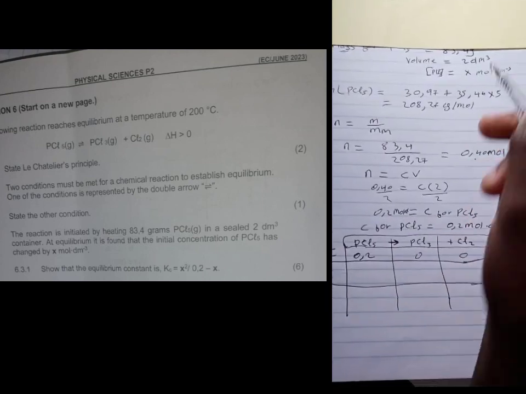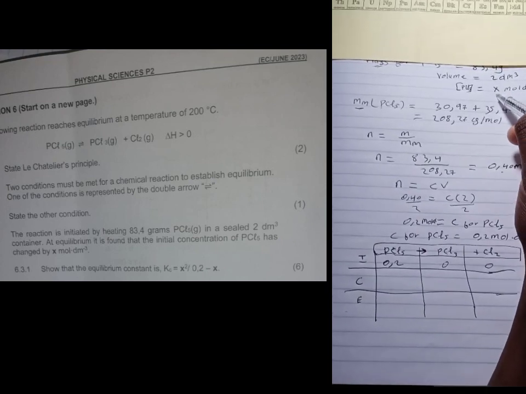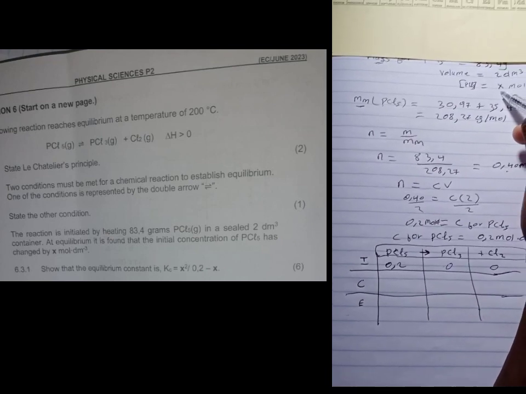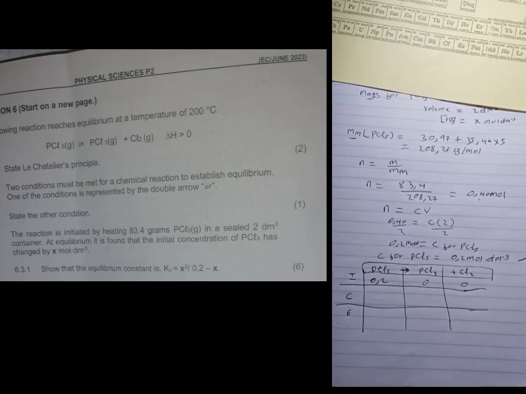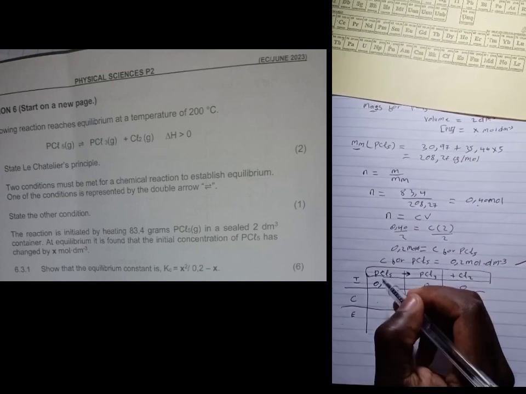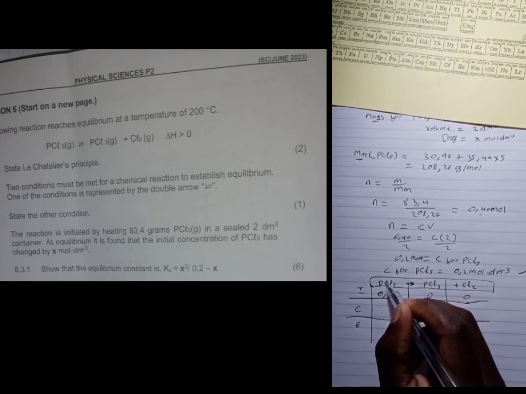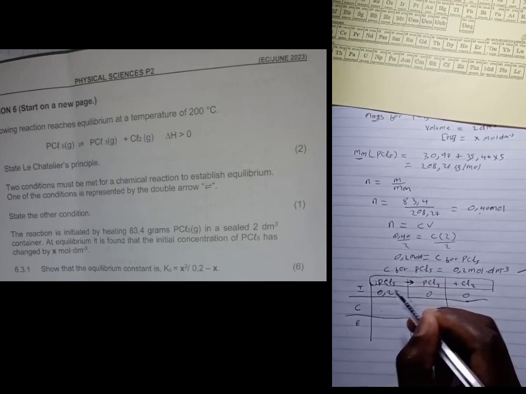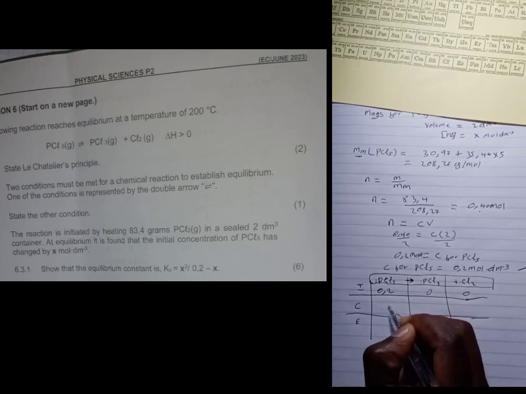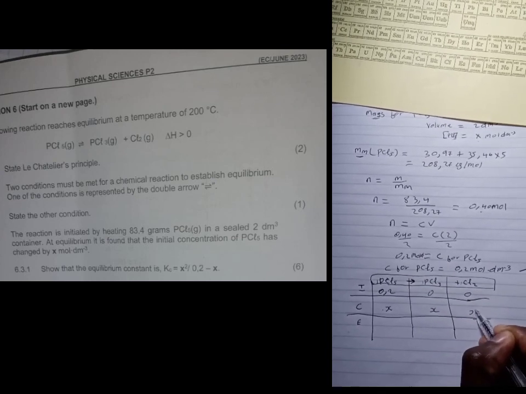We were given at equilibrium that the concentration is x, right? Since we have a 1 to 1 to 1 mole ratio, we can say it's x, x, x.